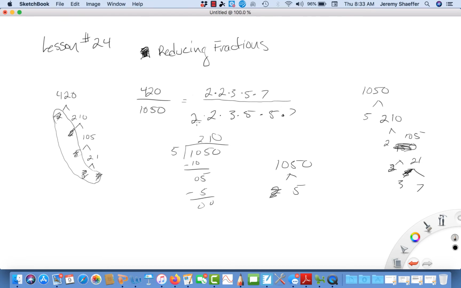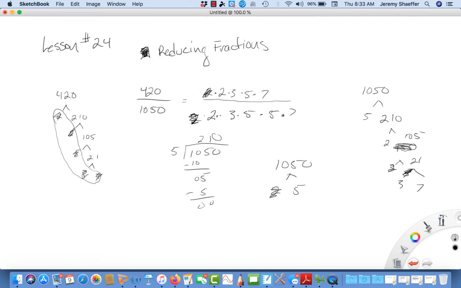So we've got 5, 5, 2, 3, and 7. Man, doing terrible today. Okay, 2 times 3 times 5 times 5 times 7 is the factorization for 1050. Okay, with that said, here's what we can do.